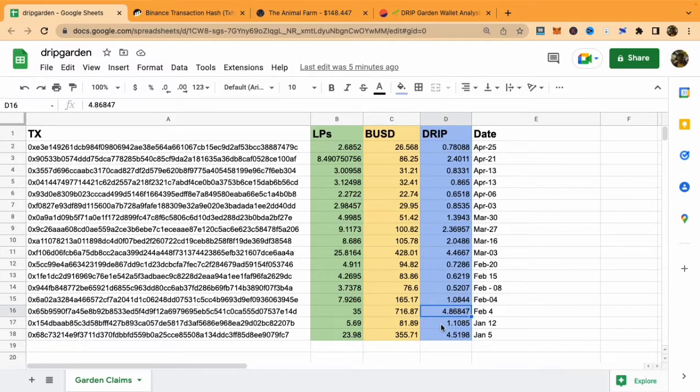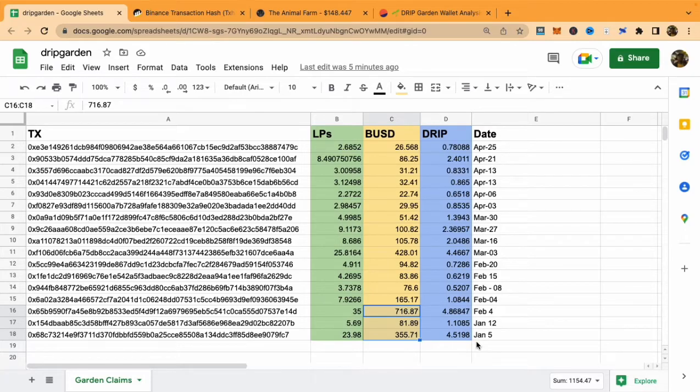So I put in 2000 BUSD. If we add up these three here, they come to 1154 and about 10 drip tokens. And at that time, the value was about equivalent to this, which is 1154.